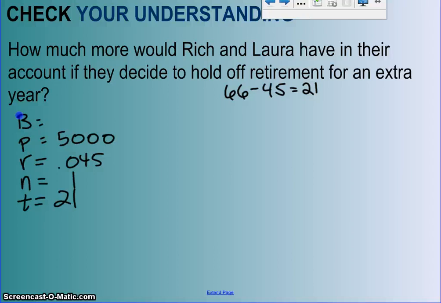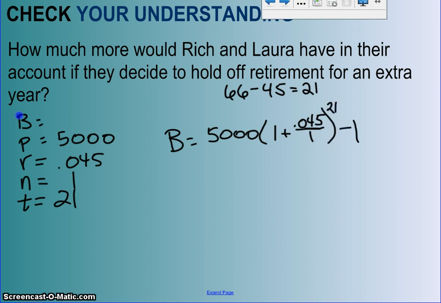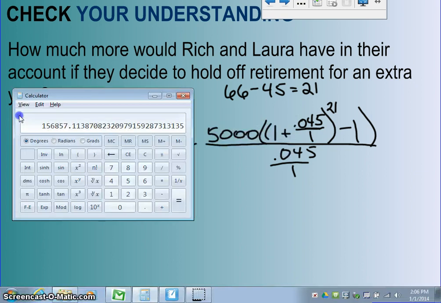All right, let's go ahead and plug this into our formula. We've got B equals 5,000 times (1 plus 0.045 divided by 1) to the 21st power minus 1. Got to have 2 parentheses there. And then on the bottom is the 0.045 divided by 1. Now again, the tricky part here was, could you enter it into the calculator correctly?